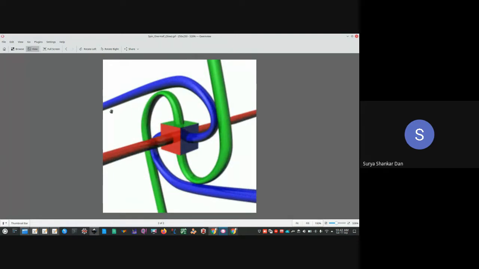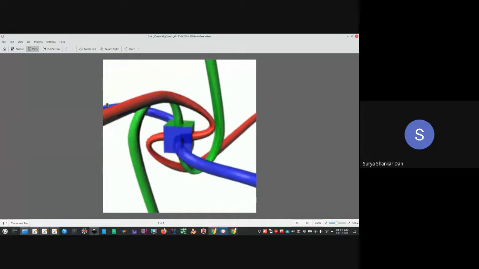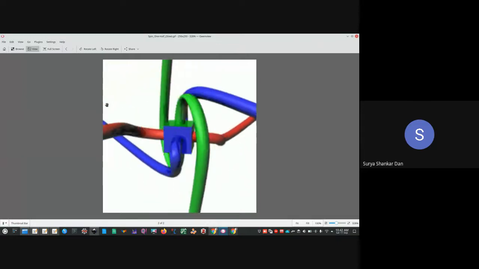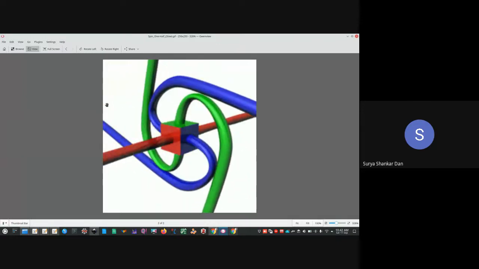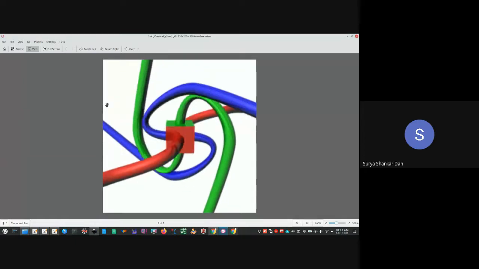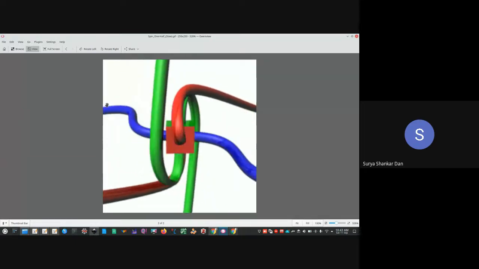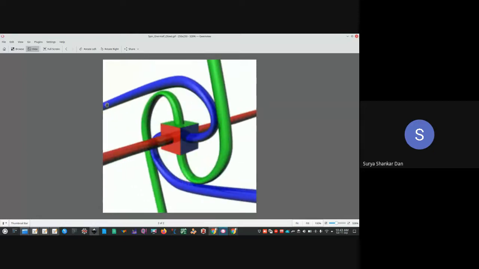So it requires how many? Notice, this is one full rotation, 360 degrees, and this is a second rotation of 360 degrees. Now it is essentially in the same orientation.